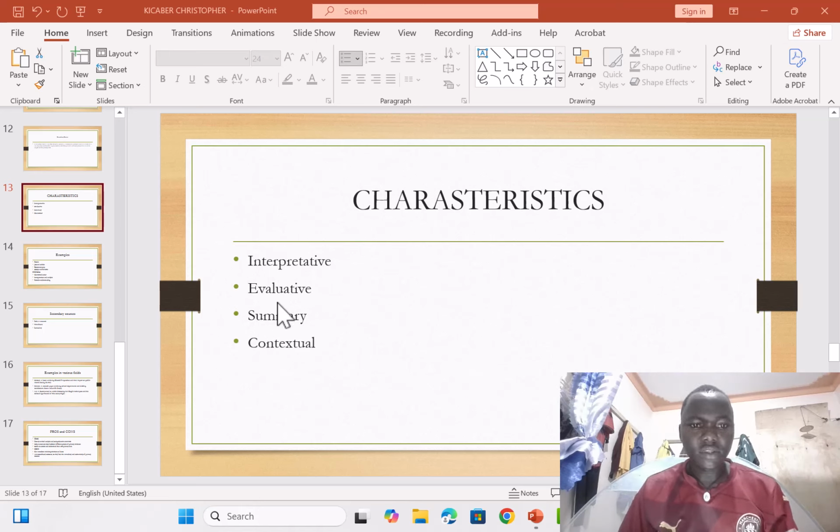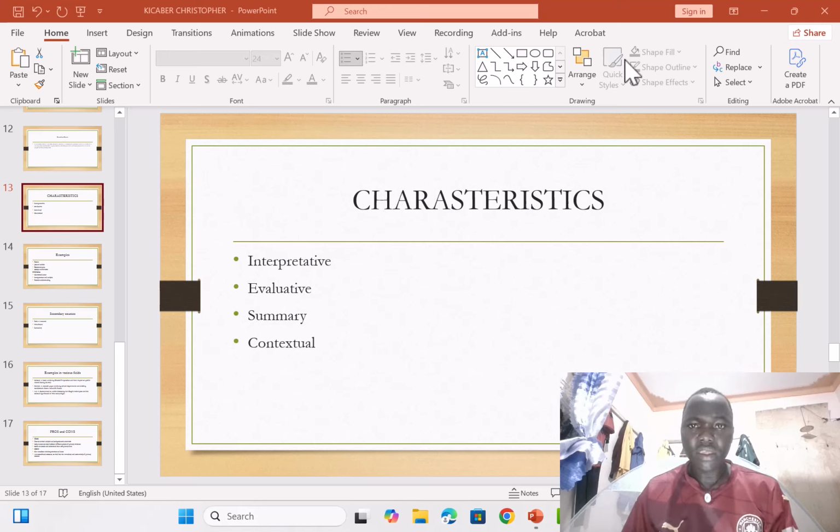In evaluative, it offers opinion based on the information internalized from the primary source, based on the evidence summarized or analyzed from the primary source. That is the meaning of evaluative.